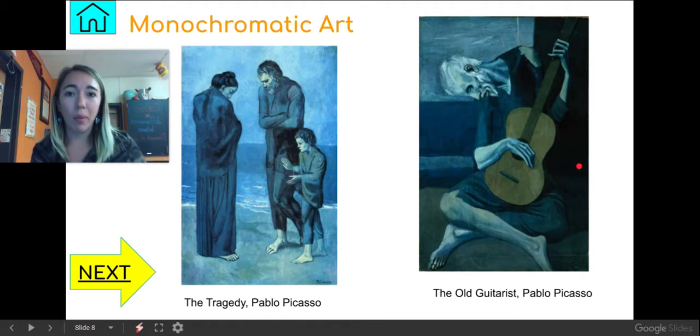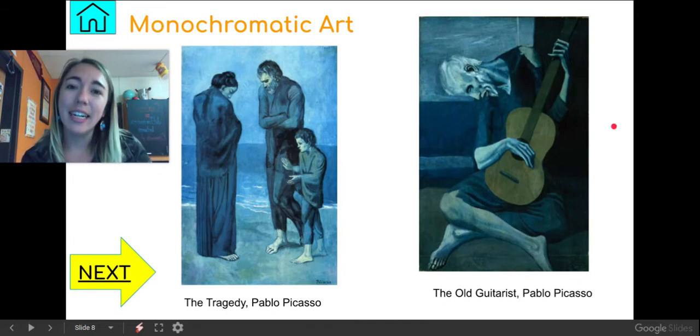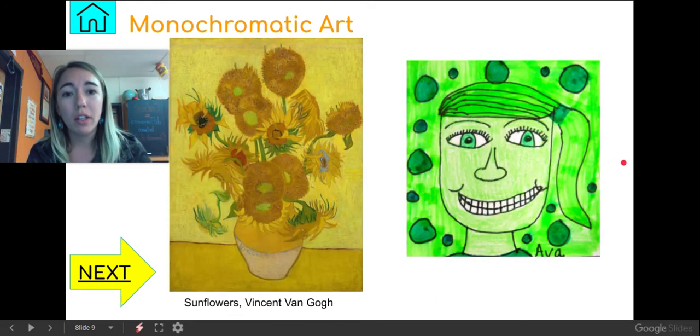Both of these artworks are by Pablo Picasso, and they're during a period of artwork that he created called the Blue Period. And he created a whole collection of artworks only using blue. Pretty cool, all monochromatic.